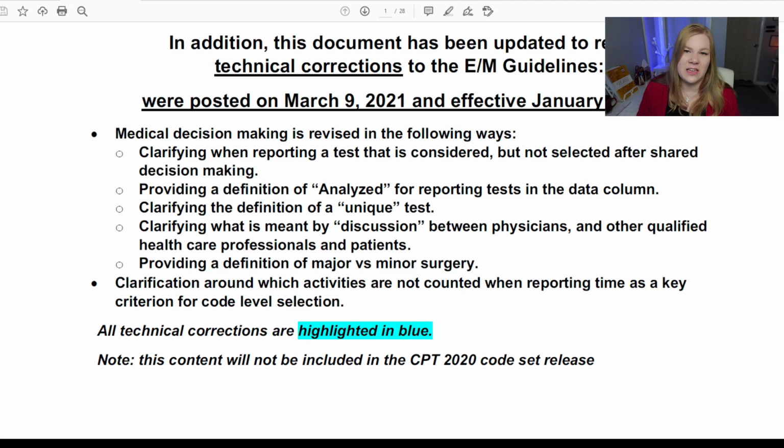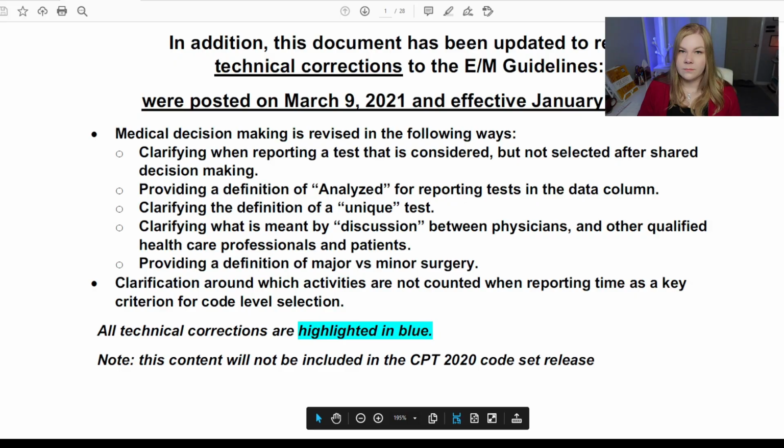And then this is the interesting thing, providing a definition of a major versus a minor surgery, because in coding terms, when we think of major or minor, we typically think of global periods. If something has a 0 or 10-day global period, it usually is considered minor, 90 days major. And lastly, clarification around which activities are not counted when we are coding just based off of time.